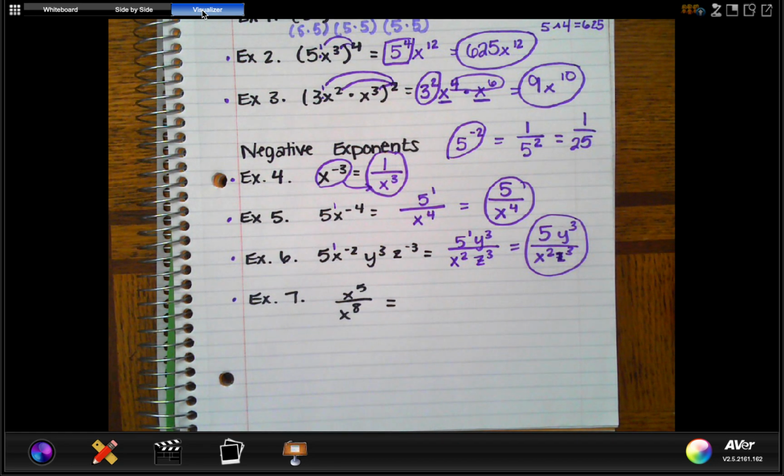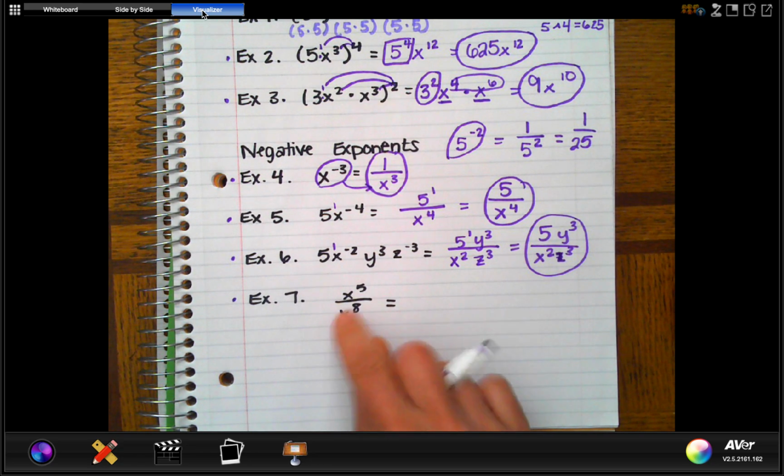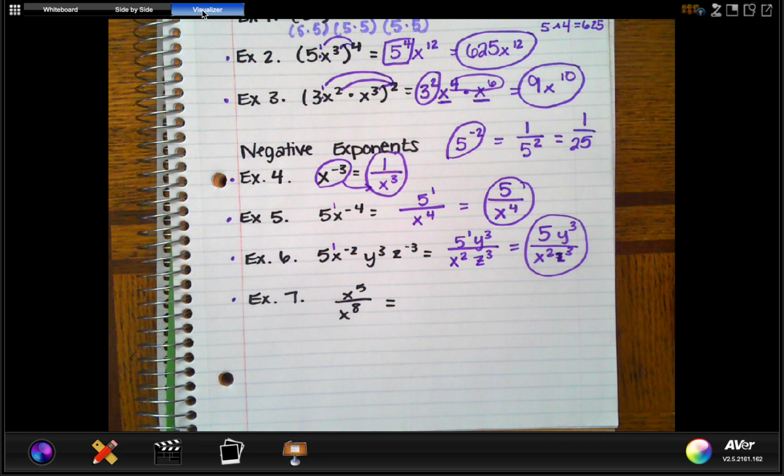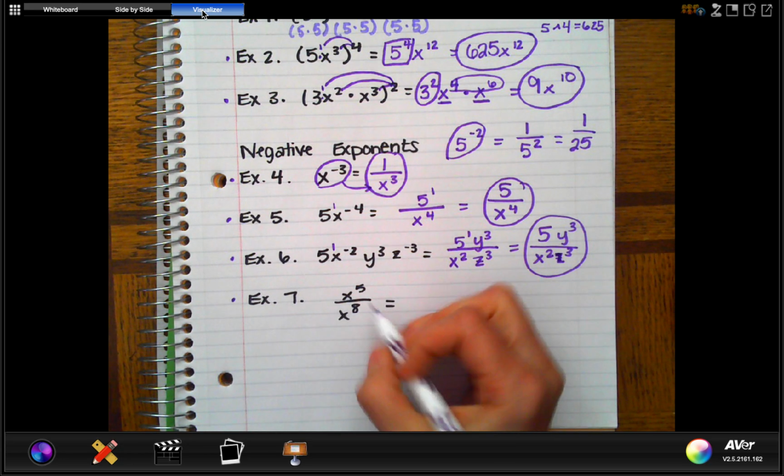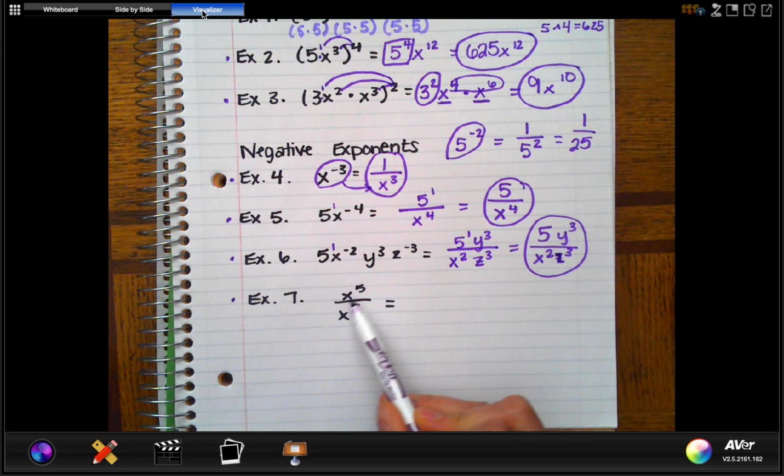Last but not least, let's backtrack to the last video where we had fractions, and fractions mean division. They also mean that we're subtracting our exponents, if you remember from Monday. We have the same base here, so we're going to subtract the exponents.